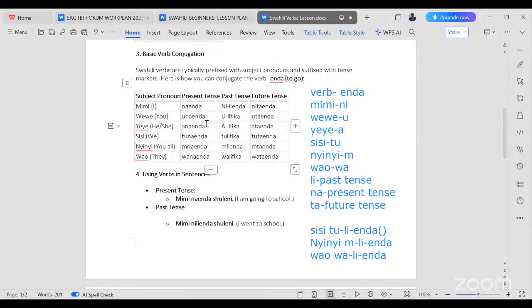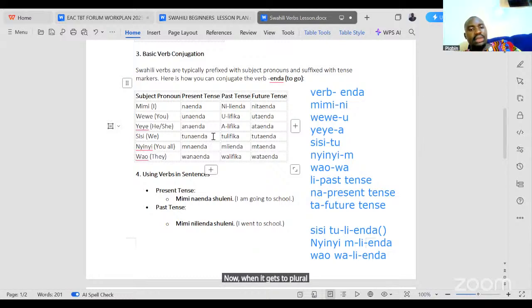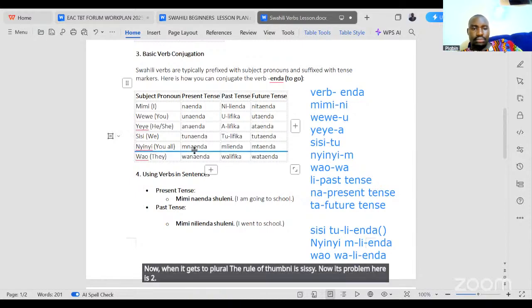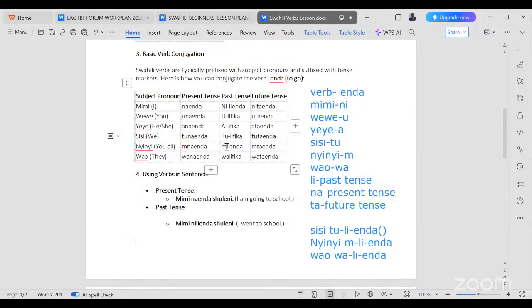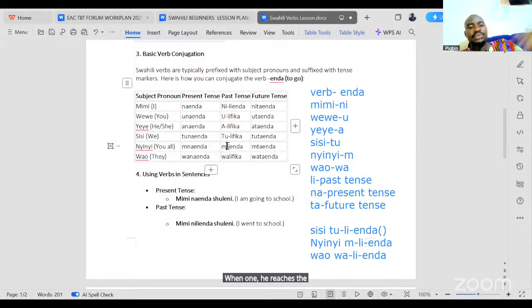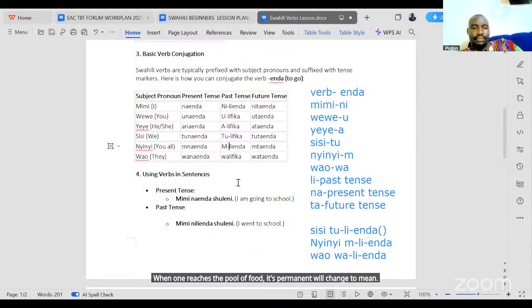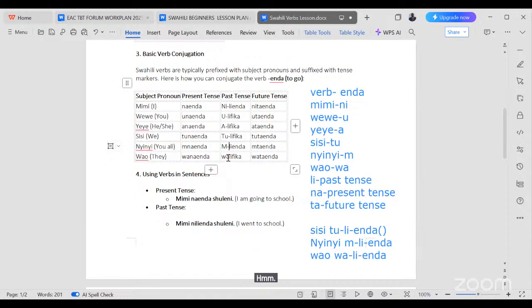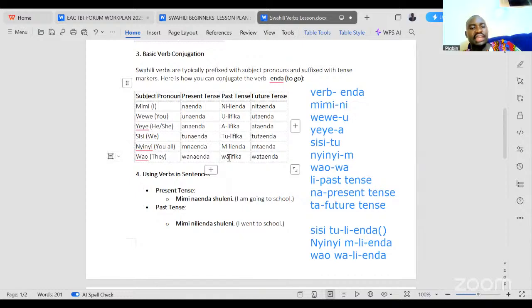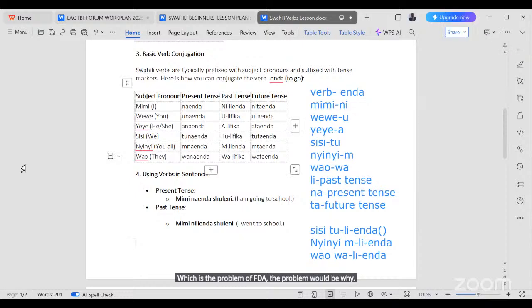Now when it gets to plural, the plural of mimi is sisi. Now its pronoun here is tu. Then nyinyi, which is the plural of wewe, its pronoun now will change to m. Then wao, which is the plural of yeye, the pronoun would be wa. Okay.